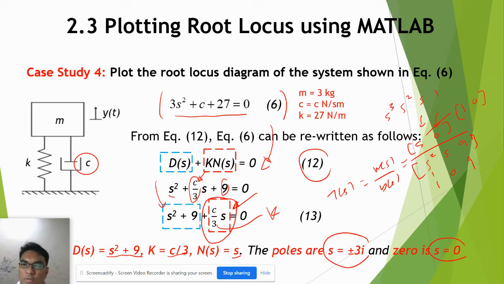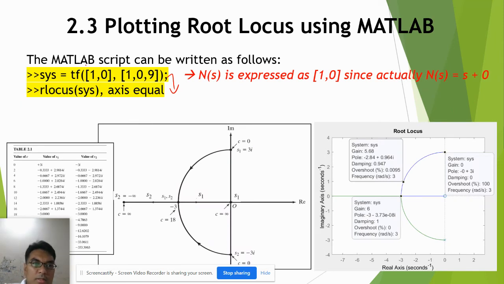So this is what you have to write in your codes. The above one is the NS, and the below one is the DS. NS is expressed as 1 0 since the NS is equal to s plus 0 as explained before. Then you have the whole system, and then you can use this command to get the root locus plot.